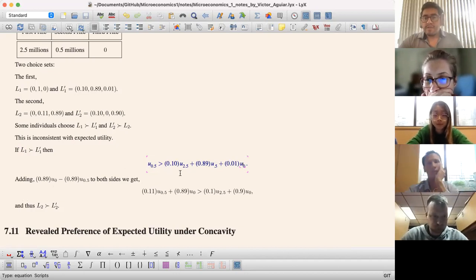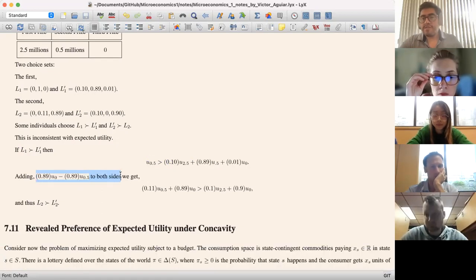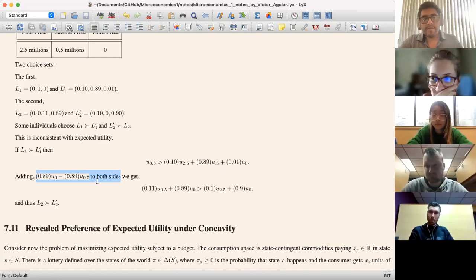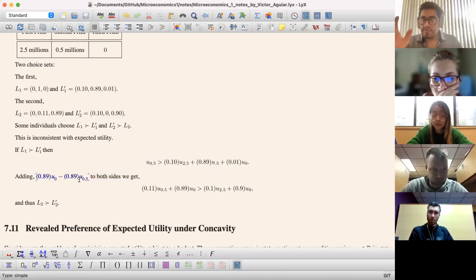Now, I play with this inequality and add the same quantity to both sides. This is just a trick, done on purpose so that I can manipulate the inequalities. If I add the same term to both sides, the inequality remains unchanged.